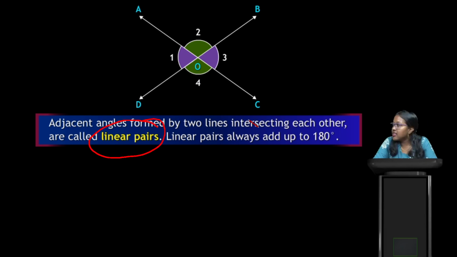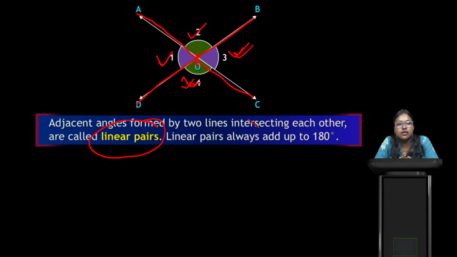So what is a linear pair? The adjacent angles formed by two intersecting lines. These two lines are called intersecting lines because both of them meet at O. Now, adjacent angles are these angles: 1 and 2 adjacent, 1 and 4 adjacent, 4 and 3 adjacent, 3 and 2 adjacent.